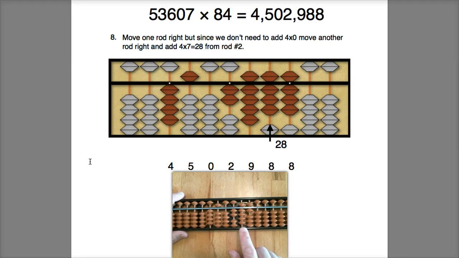And since we don't need to multiply the 4 times 0, we'll skip that and move another rod right and do 4 times 7, which is 28, and just directly enter 28. And that gives us a final answer of 4,502,988. So there's a first example of a level 4 multiplication.